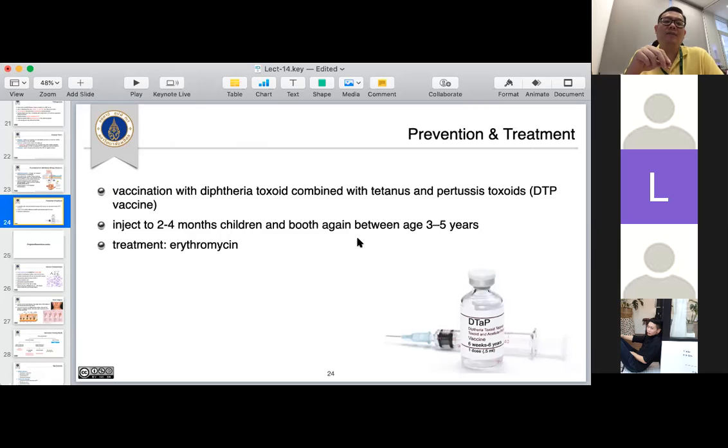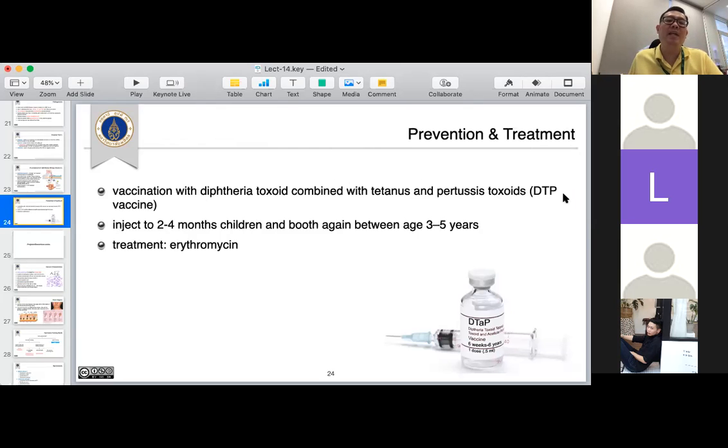That means we can vaccinate with diphtheria toxoid, but this vaccine comes as a combination of three diseases together. One is diphtheria, the second is tetanus toxoid, and the third is pertussis toxoid. So the three toxins are made less potent.